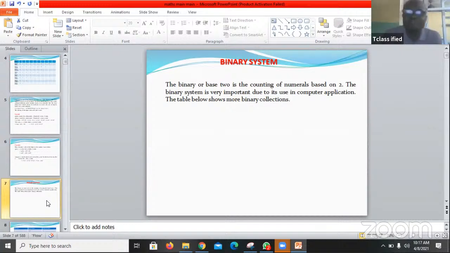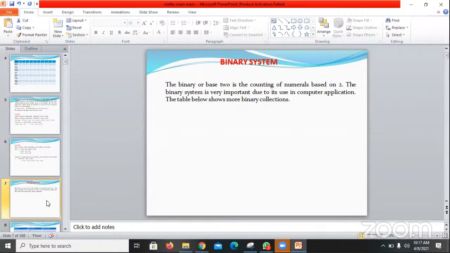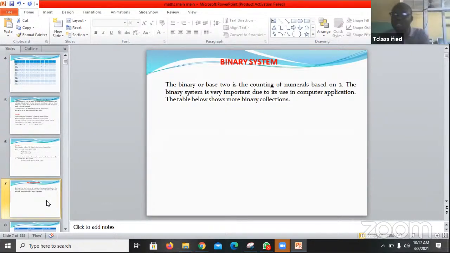The binary system is very important due to its use in computer application. Did I say that? Yes, sir. Those programmers that code what we call machine language, that's what they consider. It forms the basic principle in coding machine language, languages that can talk straight to a hardware, straight to a computer.